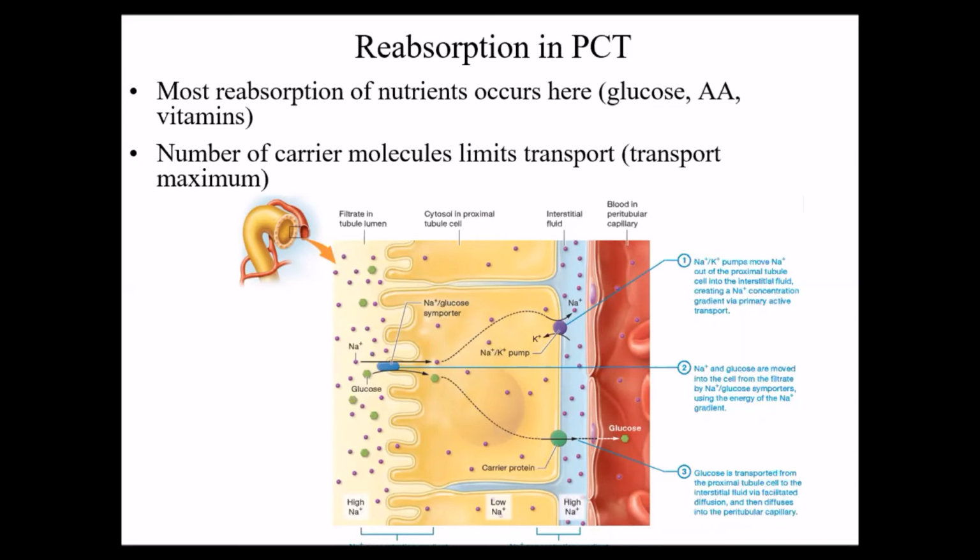That's because there are more glucose molecules to be transported than you have actual transport proteins to get them across. And so there is a limit there. The number of carrier molecules is what's limiting the transport and creating a transport maximum for these types of molecules: glucose, amino acids, vitamins, any of these nutrients.